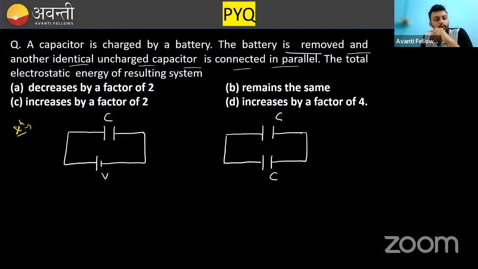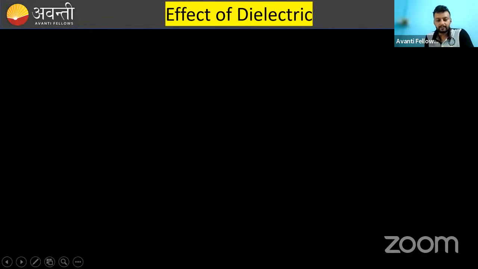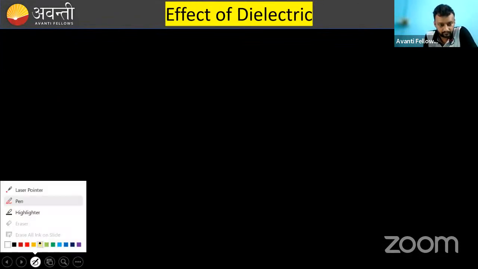Now, they are talking about the total electrostatic energy of the resulting system. So before explaining these things, I will explain one more thing here. This is a blank sheet.